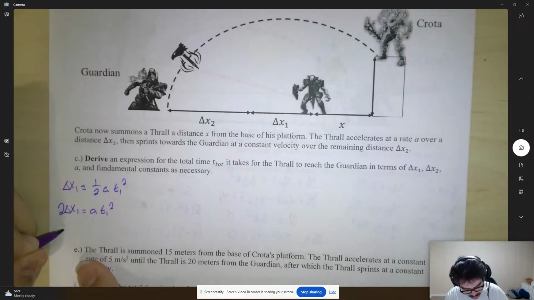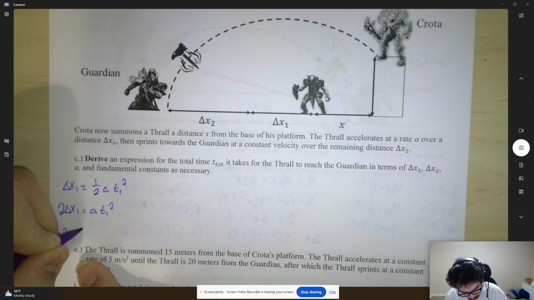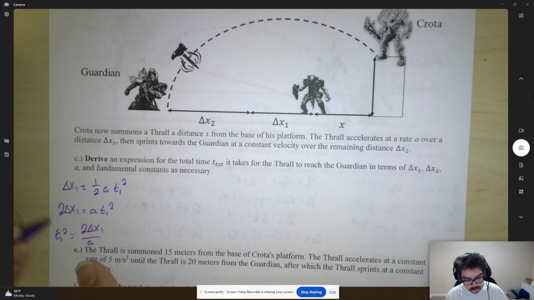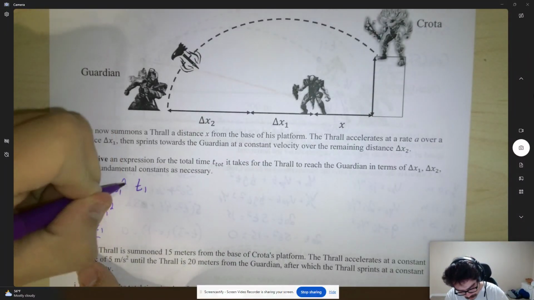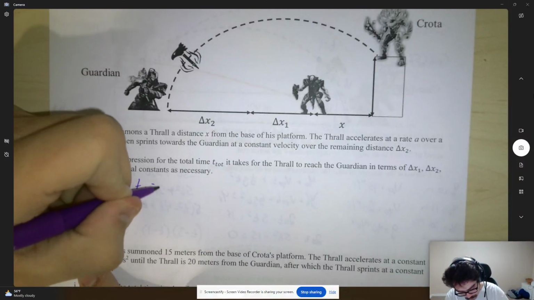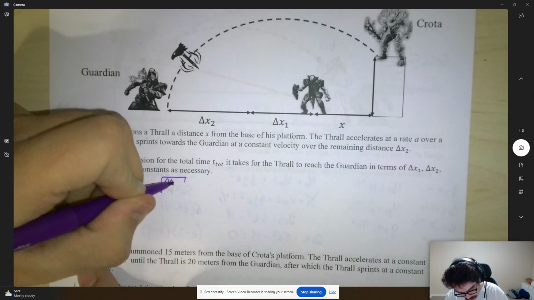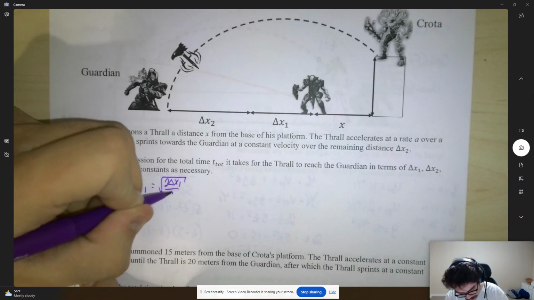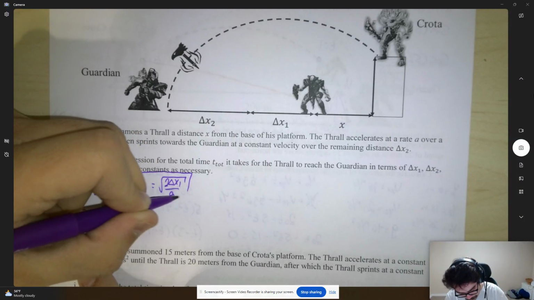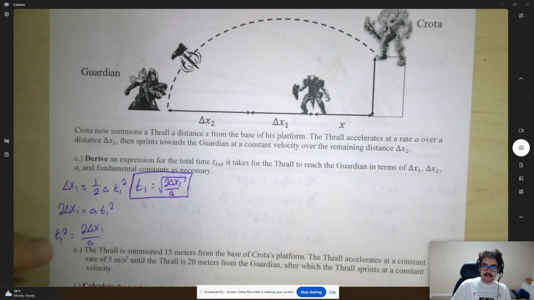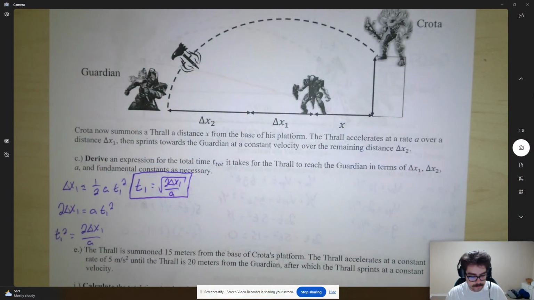Divide by a, I get t1 squared is equal to 2 delta x1 over a, and then I square root both sides. It's going to look super ugly, but that's fine. t1 should be equal to the square root of 2 delta x1 over a. So there's my first segment of time, and it is in terms of the acceptable variables.